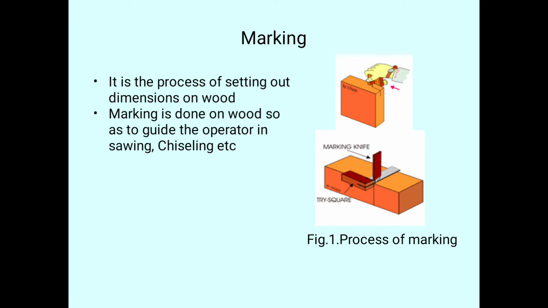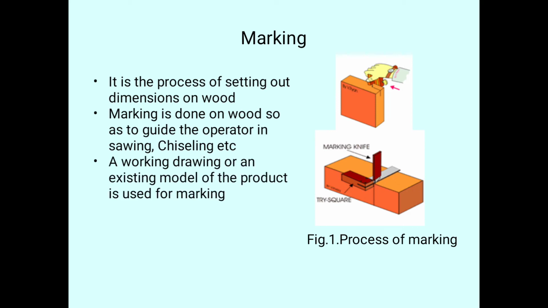Marking is done on wood so as to guide the operator in sawing, chiseling, filing, planing and other operations. A working drawing or an existing model of the product is used for marking.